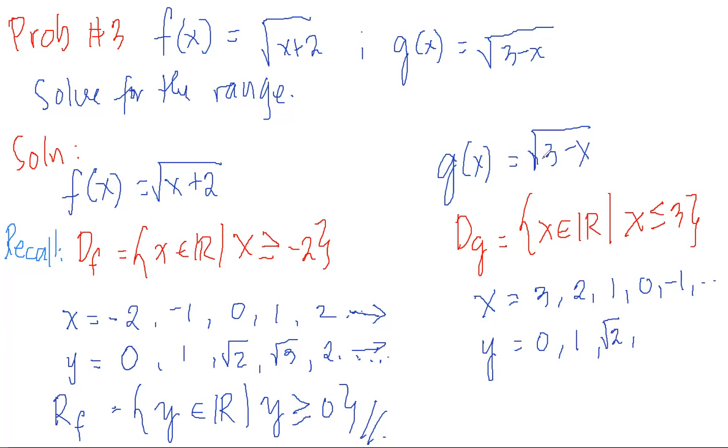If x is equal to 0, it becomes square root of 3. If x is -1, the radicand becomes 4, and the square root of 4 is 2, and so on. As x becomes smaller and smaller, the values of y become bigger and bigger.